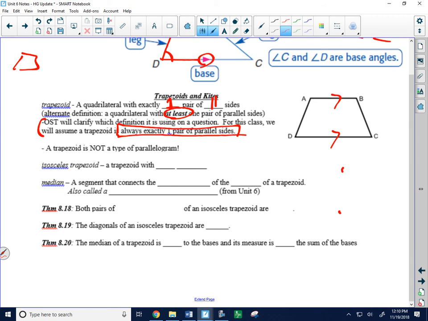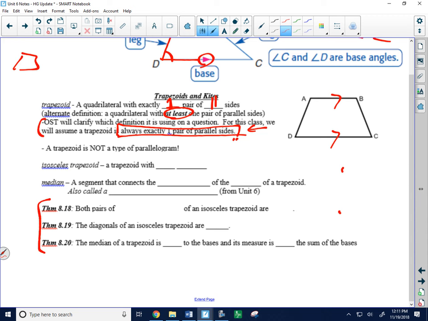Apparently, if it's a test question, they would say, based on the definition of a trapezoid as exactly one pair, they have to tell you exactly what it is. Well, let's just go with this. And just so you know, they would have to clarify on a test, but in this class, exactly one. All right, now it is not a parallelogram according to my definition, and it's not a kite. None of those properties are true.